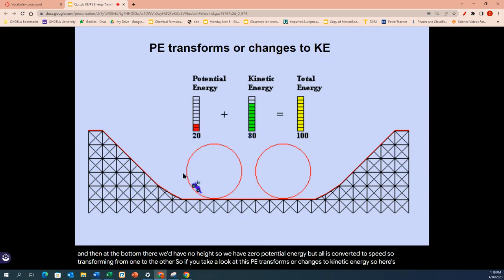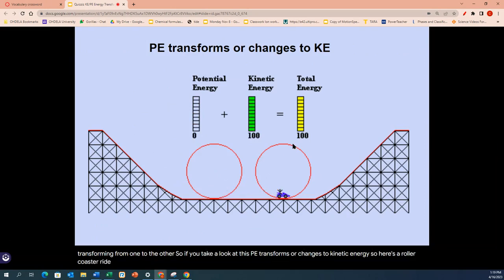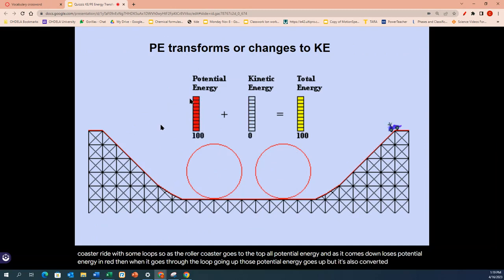So here's a roller coaster ride with some loops. As the roller coaster goes to the top, it's all potential energy. As it comes down, it loses potential energy in red. Then when it goes through the loop going up, potential energy goes up, but it's also converted to kinetic energy.